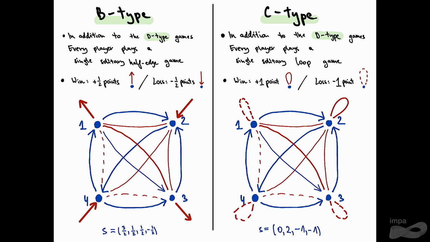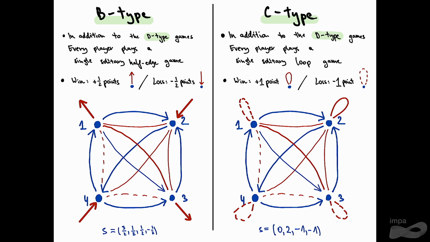In type B, the solitary game can be either won or lost, and I get plus half a point or minus half for winning or losing. In the C type, I will get double, so I will get a full 1 point for winning or losing the solitary game. These 2 differ by just this weight on the solitary game.